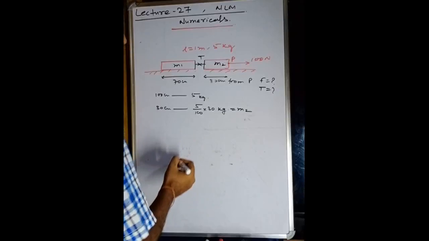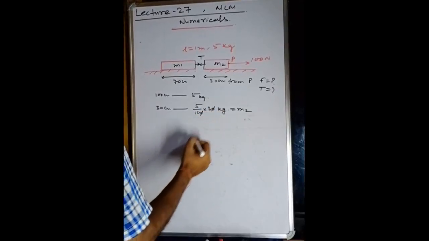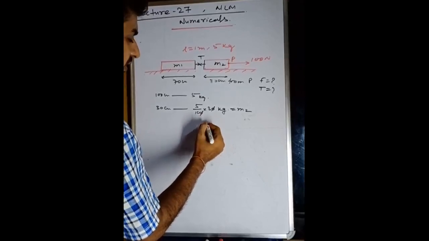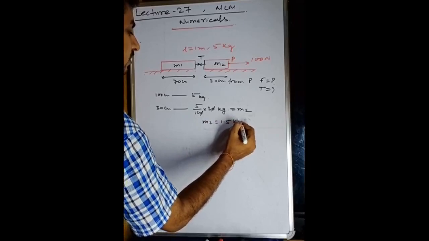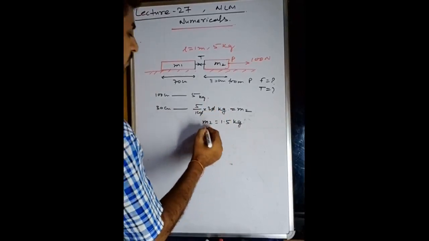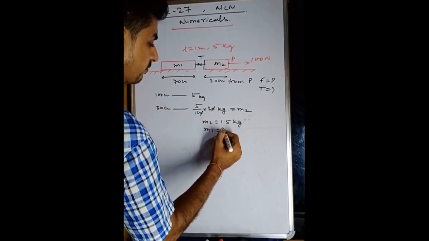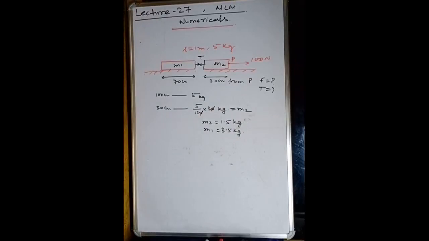Try to calculate. It is 1.5 kg. If M2 is 1.5 kg, then M1 will be 3.5 kg, because the total is 5 kg. So we have the values of the masses as well.